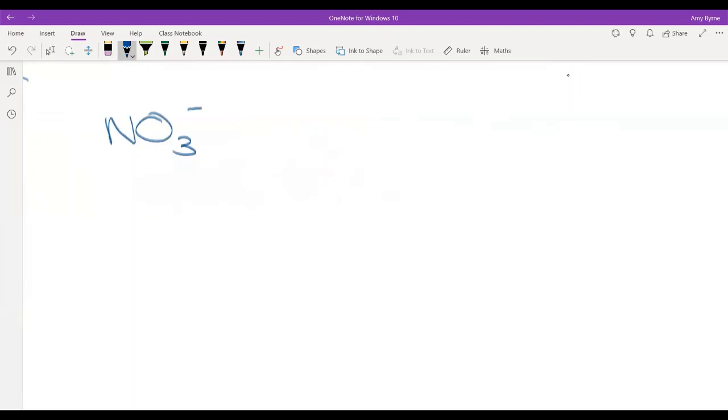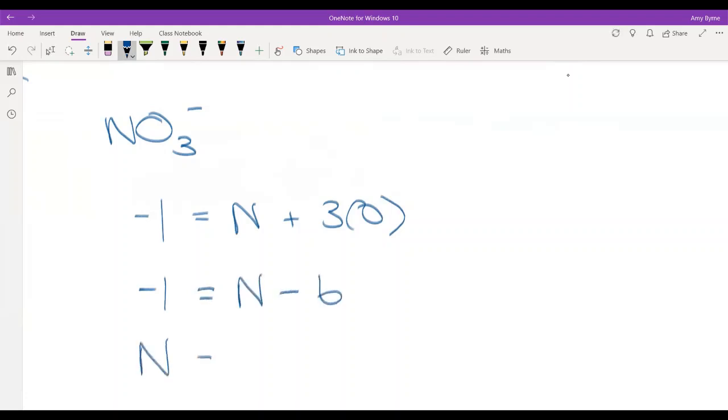It has an overall oxidation state of -1. So -1 is equal to nitrogen plus 3 times oxygen. 3 times -2 is -6. So nitrogen here is a +5.